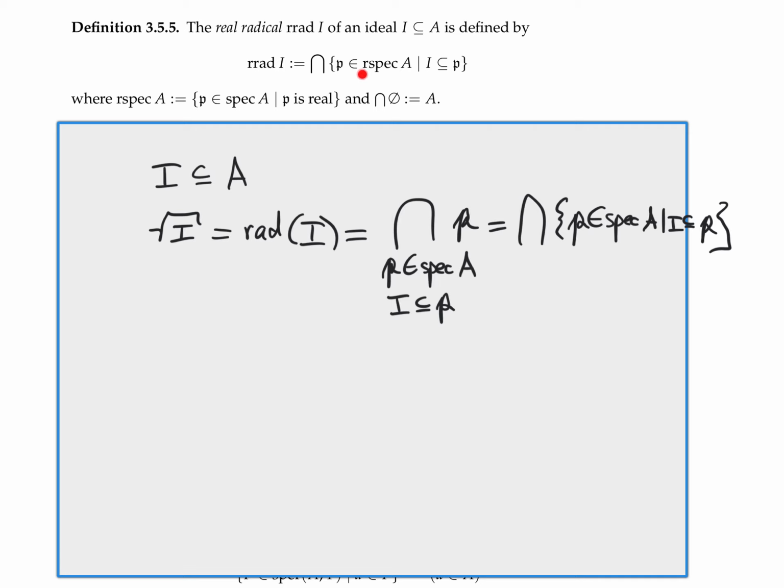So here I intersect just over the real prime ideals containing I, where R spec A is the set of all real prime ideals of A. It could happen that there is no real prime ideal above I. The empty intersection has to be interpreted as A, of course.